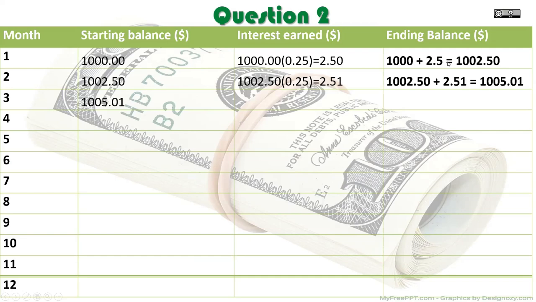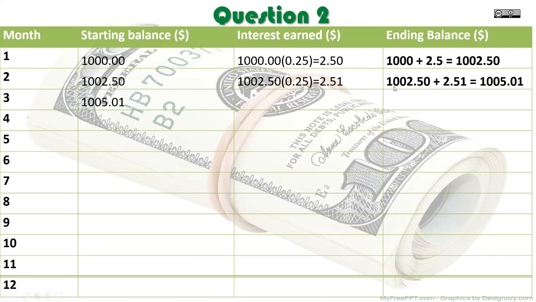Now we have $1,002.50, and that's going to be our new starting balance. So we take our new starting balance, we multiply that by 0.25, and now we have the $2.51 interest that we had in question one.